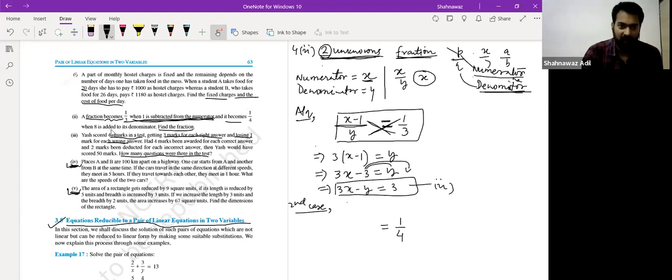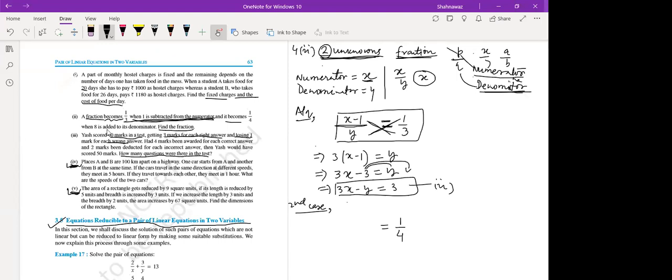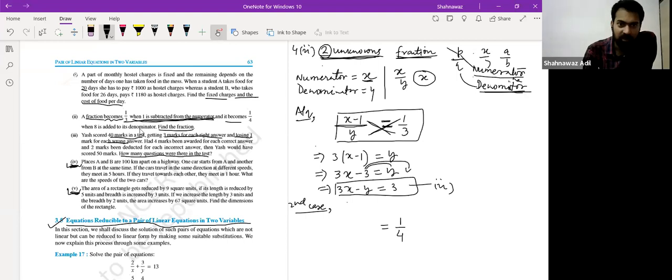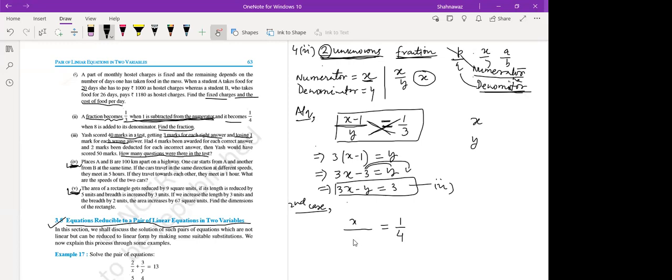And what did we do with the fraction? So we added 8 to its denominator, right? We didn't touch the numerator, and in the denominator we added 8. So what would be the fraction then? x by 8 plus y. Right.